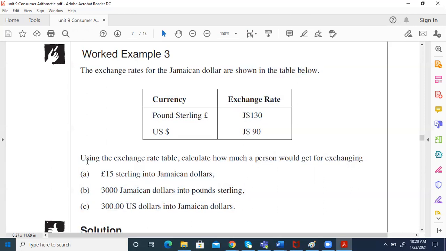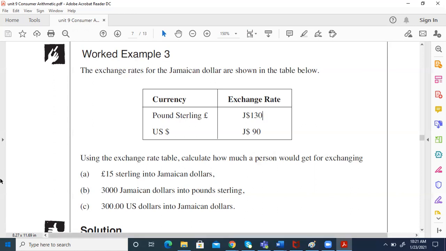So they say, using the exchange rate table, calculate how much a person would get for exchanging 15 pounds sterling into Jamaican dollars. Just simply multiply the 130 by 15. That gives you 1,950.